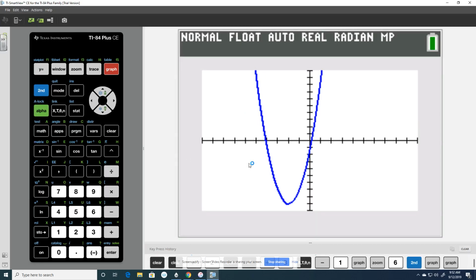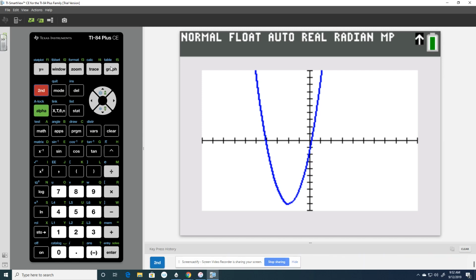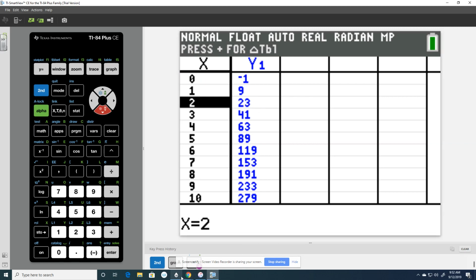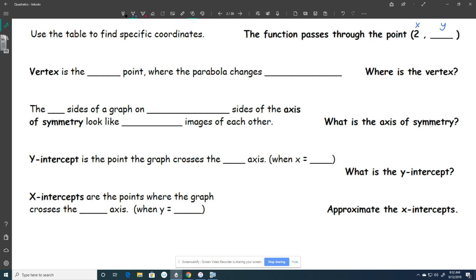I can either go over to 2 on the graph and try to figure out the y value, or I can just go to my table. Second graph gives me my table, and I go down to 2, and it tells me that my y value is 23. So 2 comma 23 is a point on my graph.